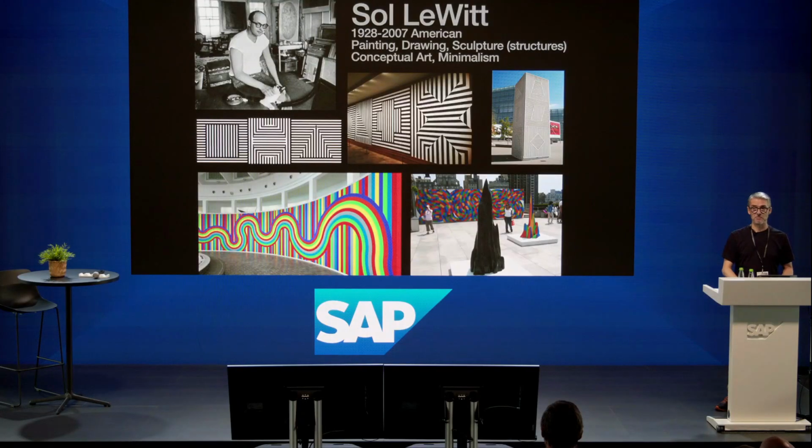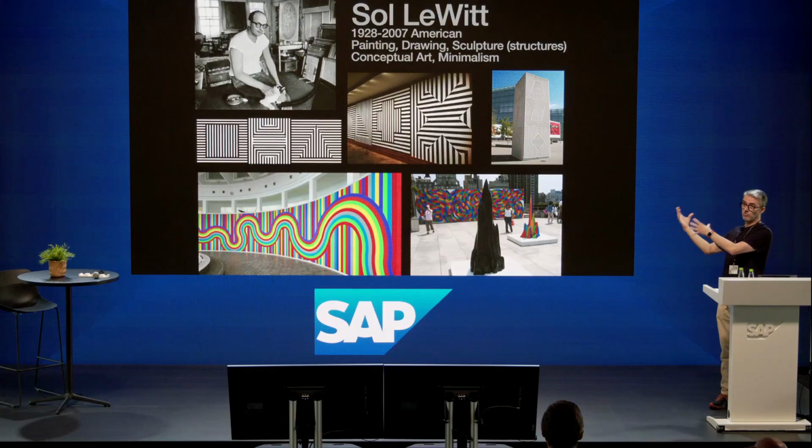So I wanted to show one of my referential artists, Sol LeWitt, American. He was working in generative art that was called conceptual art at the moment, but with physical work. Most of his artworks, and we even have a wall by Sol LeWitt in Barcelona, he wrote down a set of instructions for the painters.